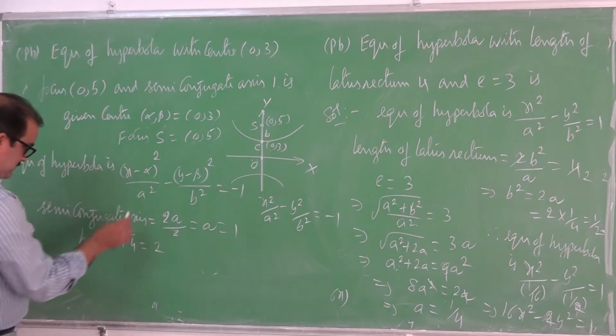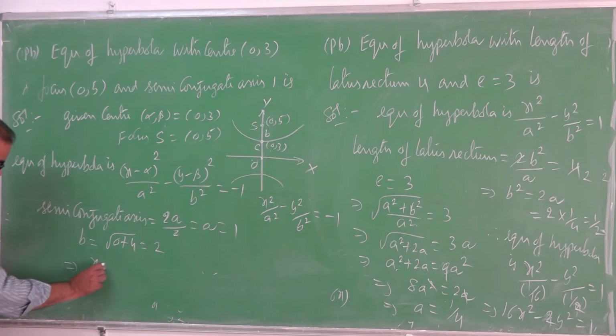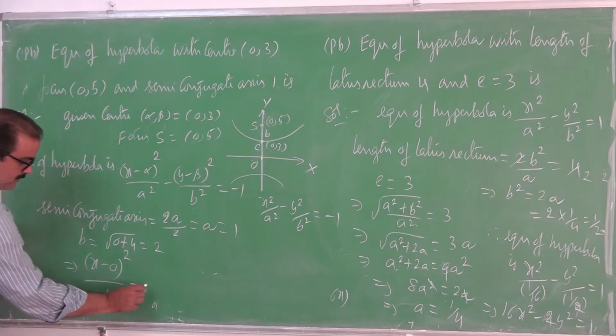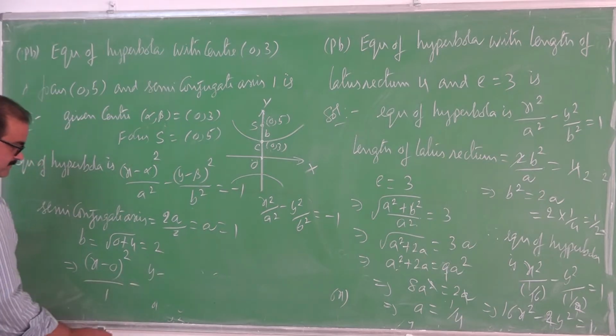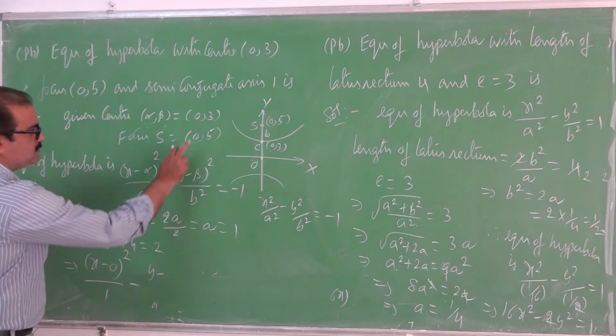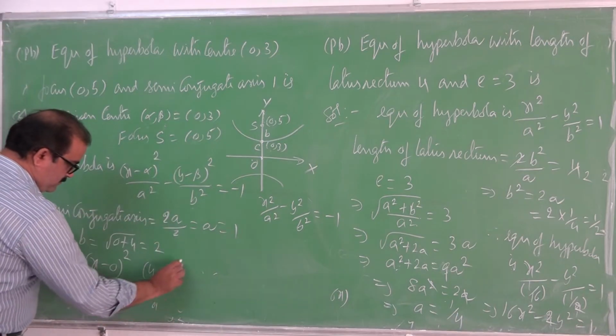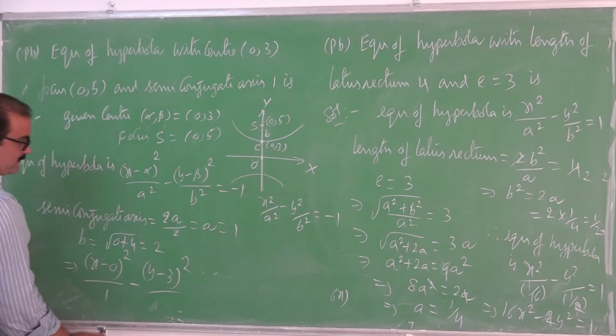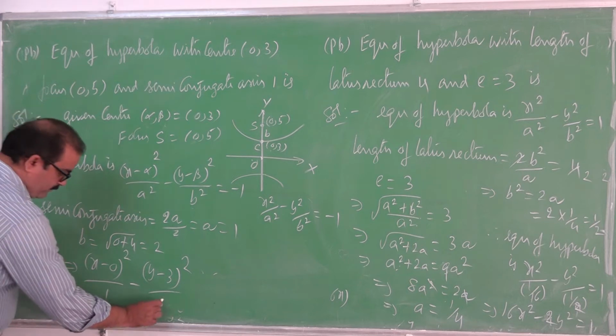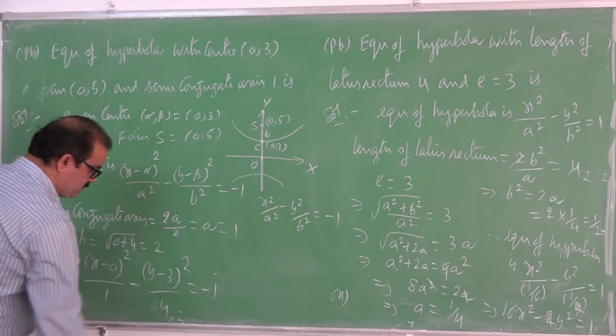Substitute these values in this hyperbola: (x minus alpha) is x minus 0, by a square 1, minus (y minus beta) is y minus 3, by b square 4, is equal to minus 1.